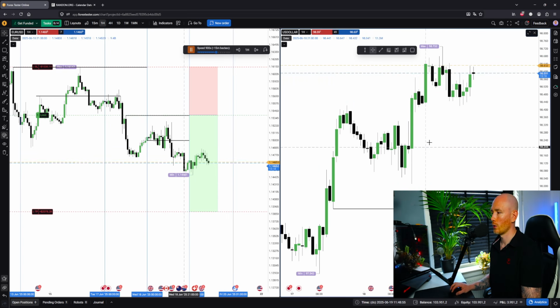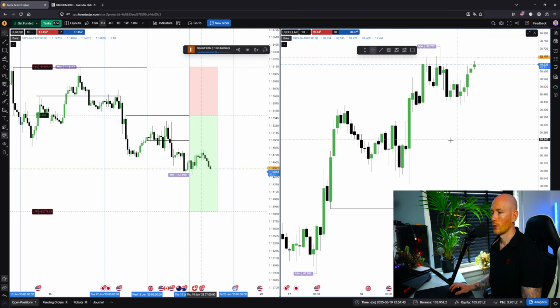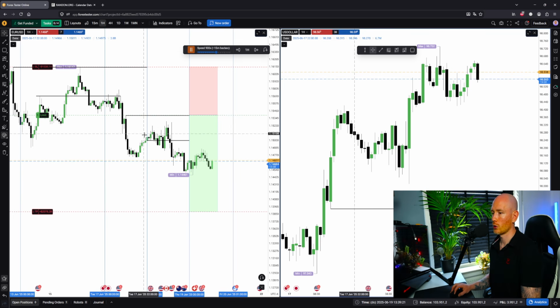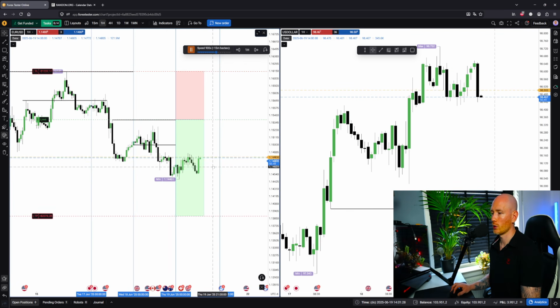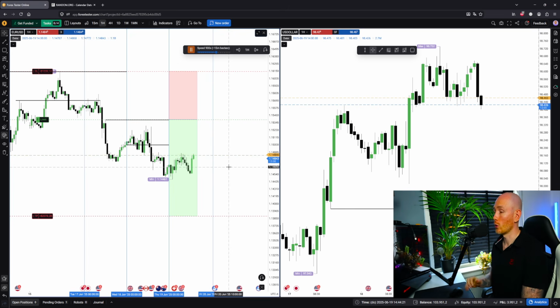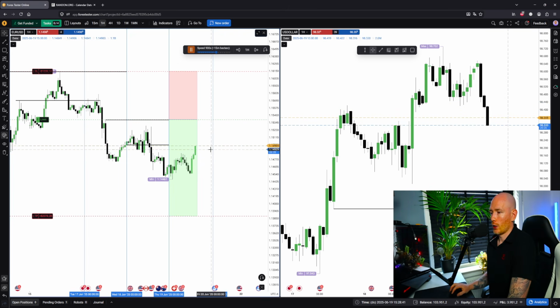Did we run any lows here? Nope, we did not. Yeah, this is not catchable. There's nothing here to trade. This is just consolidation, high resistance liquidity. Wait for our original entry. That's what we're going to do. We're not going to be FOMOing into an entry.